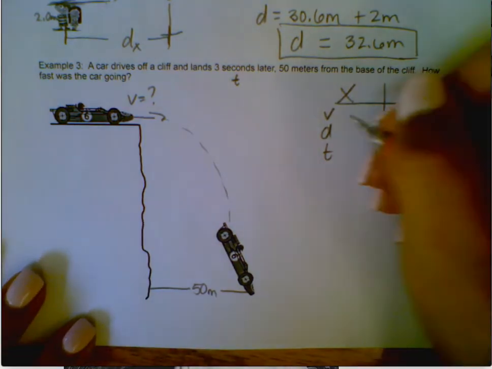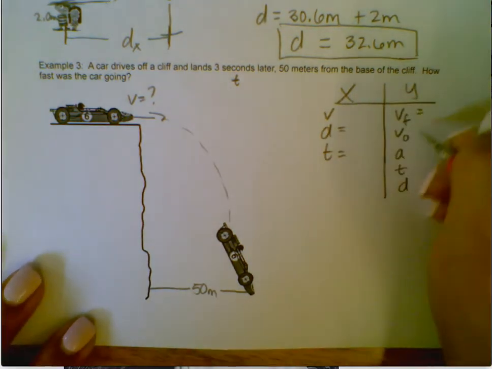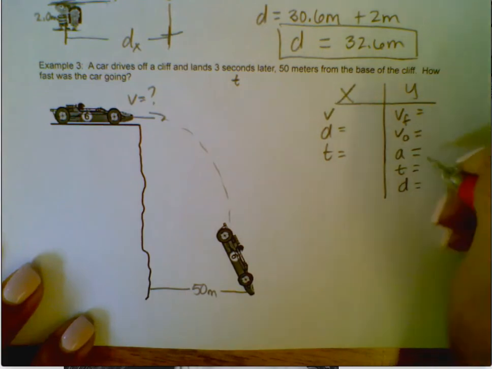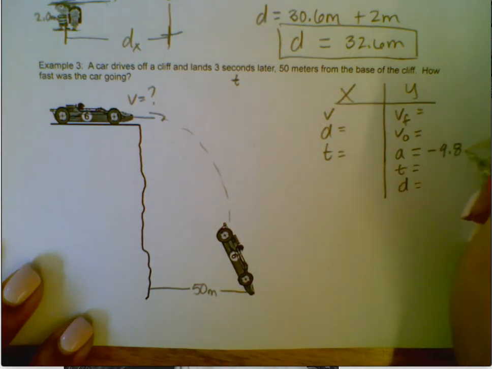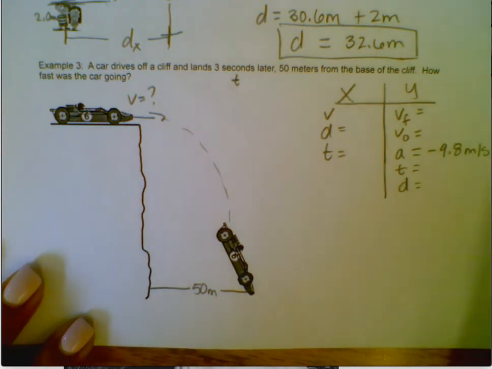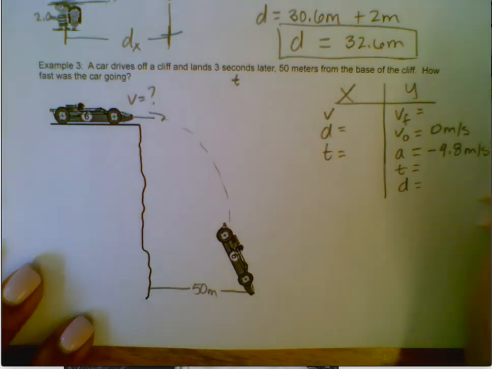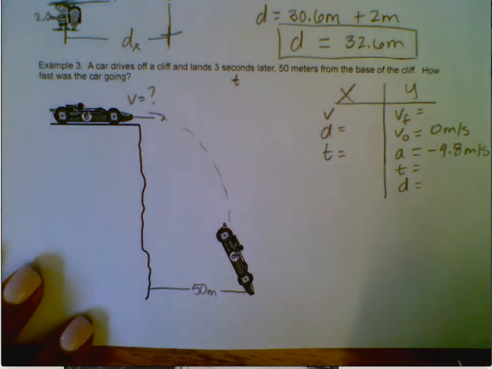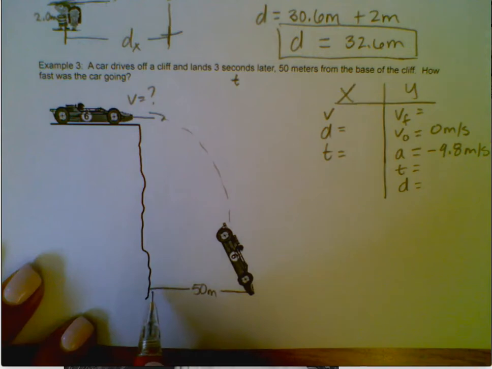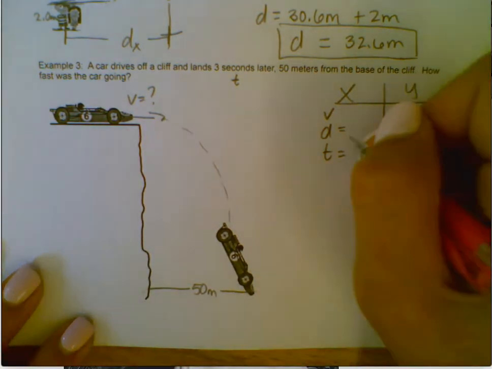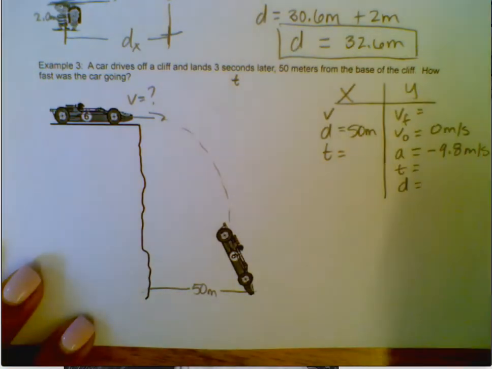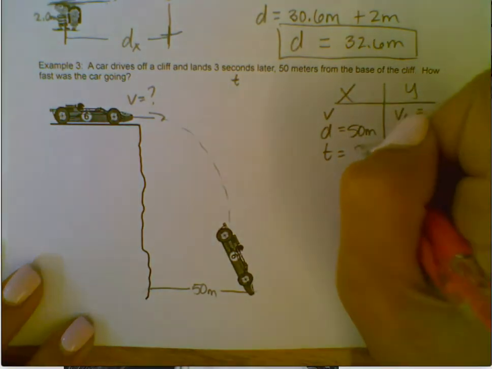Let's write down our known variables. We know this is negative 9.8 because gravity takes effect over the car. We know this is 0 because it's a horizontal projectile. We know the distance from the edge of the cliff to the car, so in the x direction, since that's horizontal, we know that the displacement is 50. We know the time is 3.